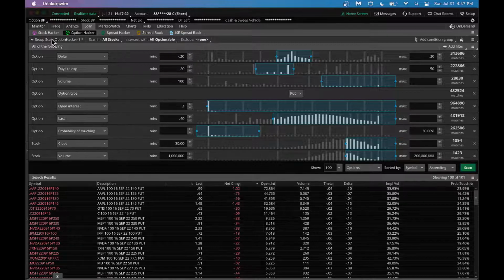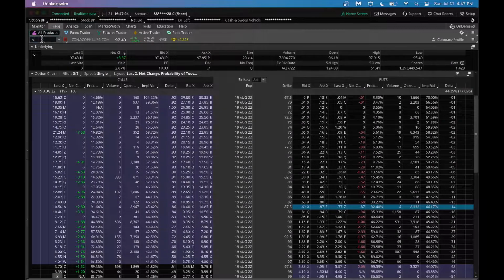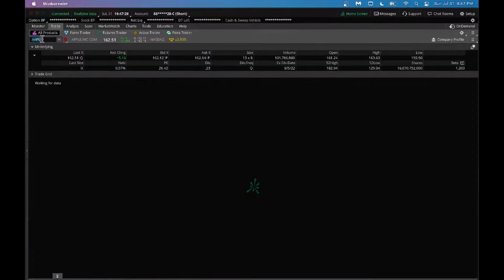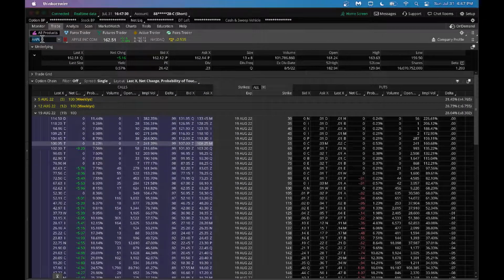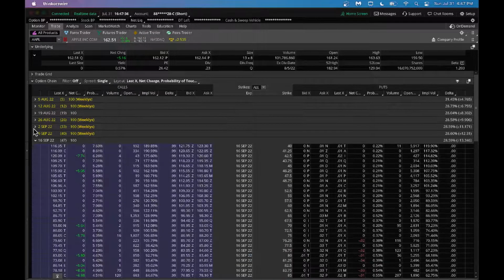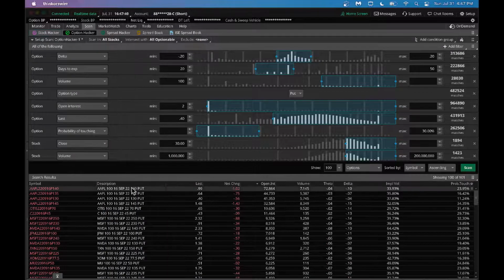All right, let's go back here to Apple. Apple is, by the way, one of my favorite stocks to sell put options on because it generally trends higher, as many of you know. All right, we're looking at September, and look, we got September 47 days out here. And if you go back to scan, look, we got Apple.